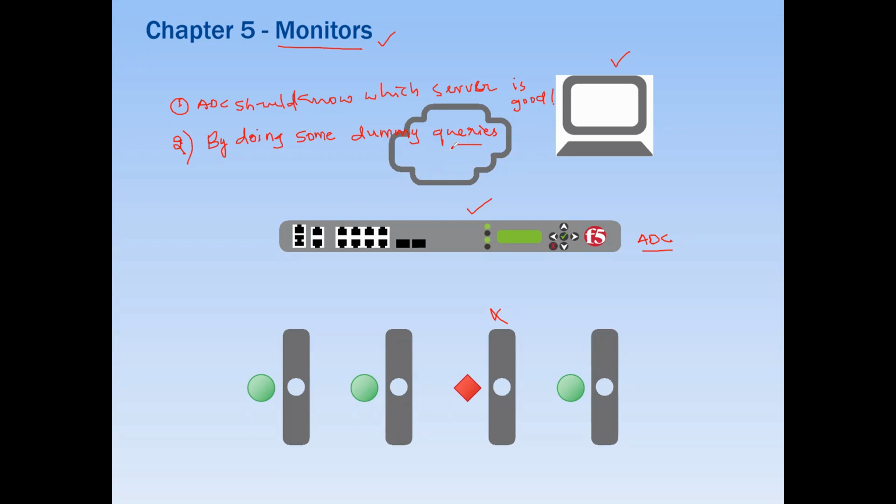By doing some dummy queries, some application requests, whatever it is. So configuring the F5 to do those queries, how would we do? In the form of monitors.